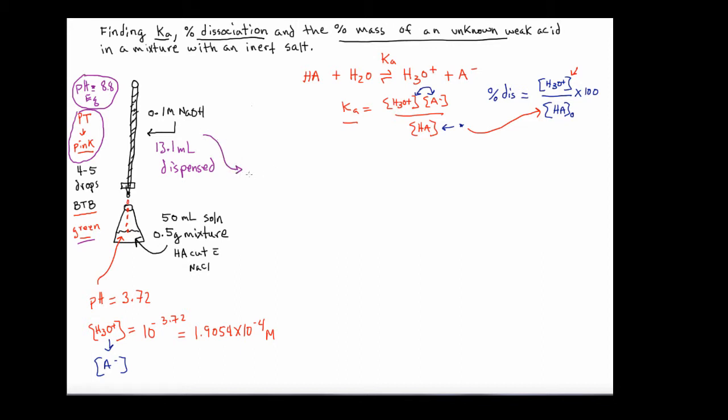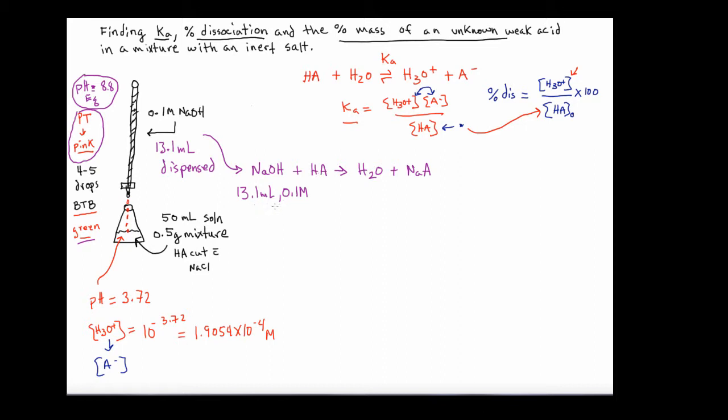Remember that this is a neutralization reaction, which is stoichiometric, so it's NaOH plus the HA, and it will give us H2O plus NaA. We have utilized a 13.1 milliliter volume of 0.1 molar solution of NaOH to get to the endpoint, which we are assuming in my example is close enough to the equivalence that the two are the same.